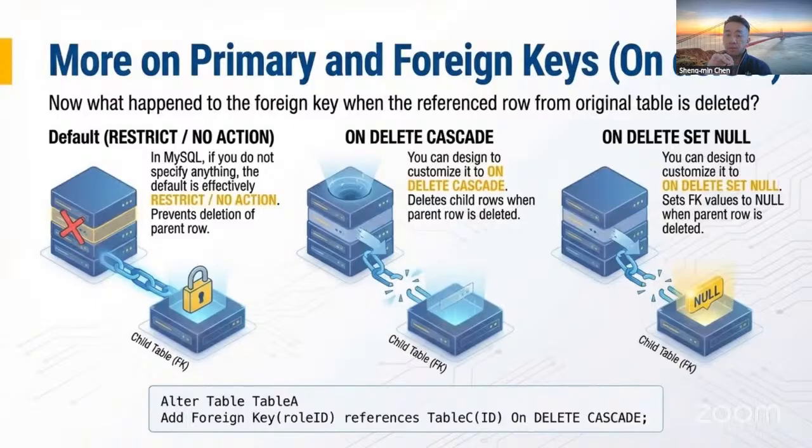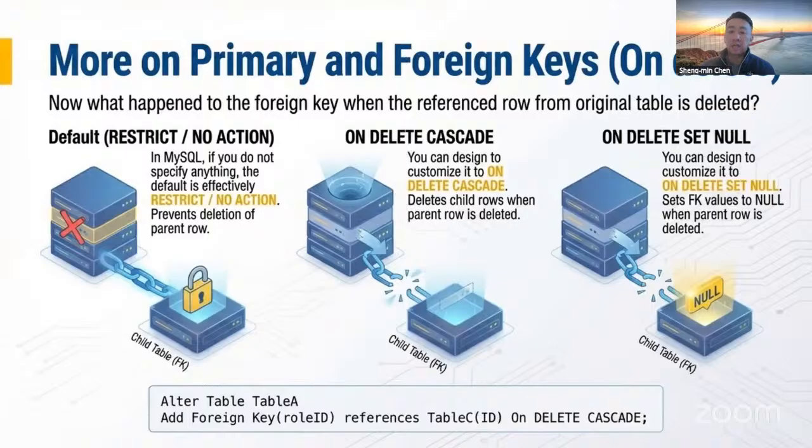It's updating. Okay? Now, the example below is for when you didn't have a foreign key; if you already have a foreign key, obviously you can just alter the table and update the foreign key as well, right? Now, the second behavior you can customize is called on delete set null.